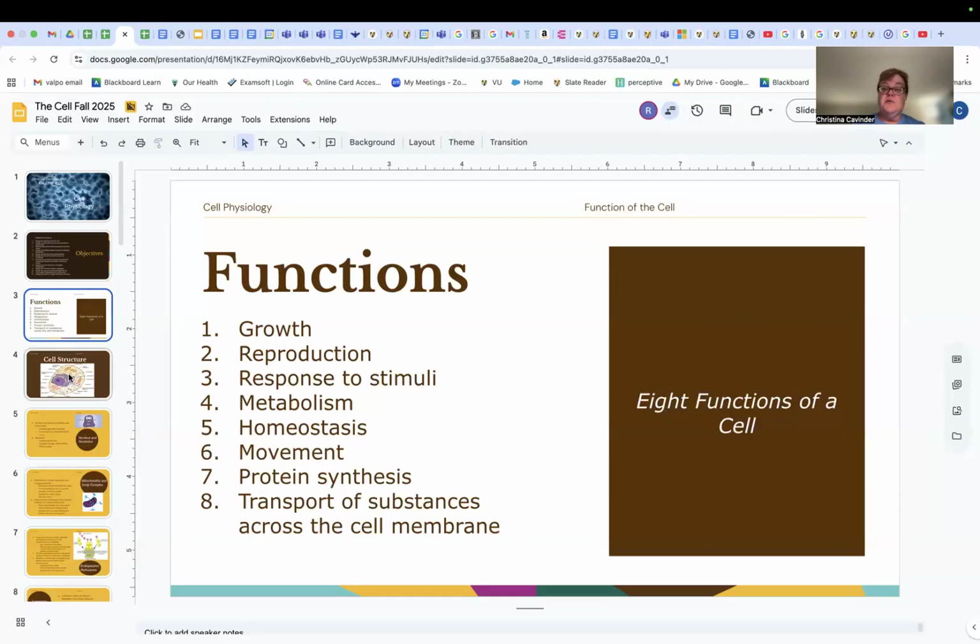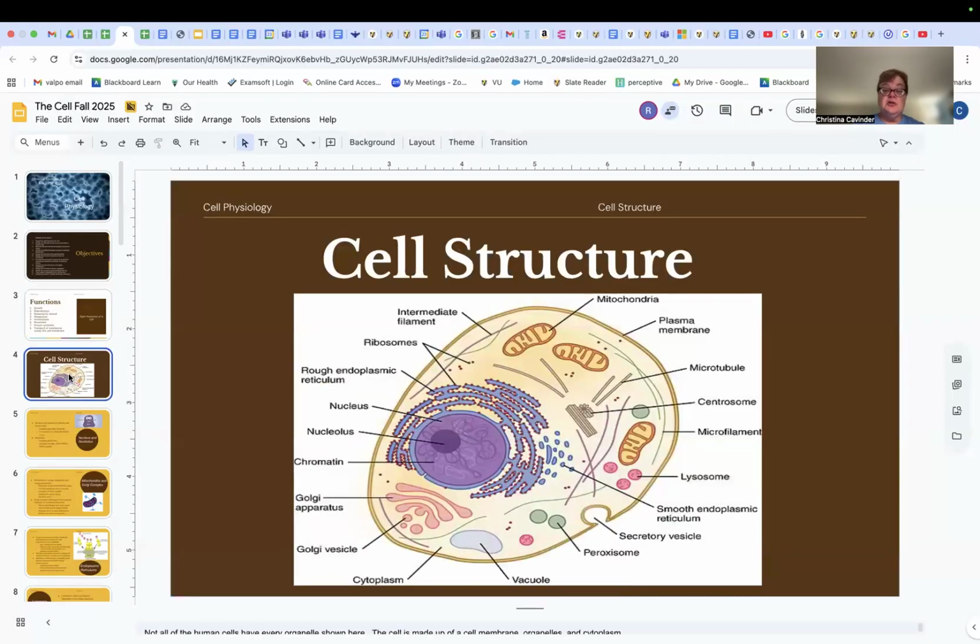So let's just start with the cell structures. You don't need to know every cell structure here. Some of them have different functions, I would say, that don't really pertain to what we need to know. So we're just going to skim over these. The one thing that I don't talk about too much in this lecture, but I will bring up, is these secretory vesicles.